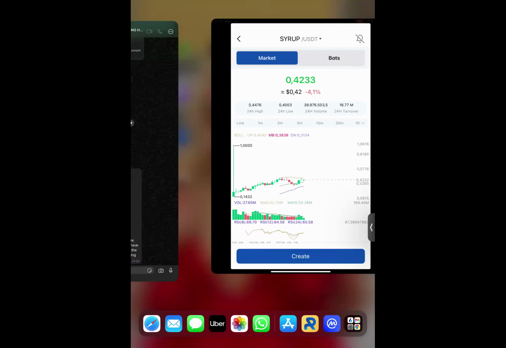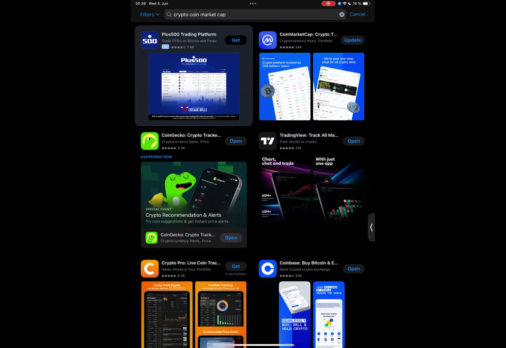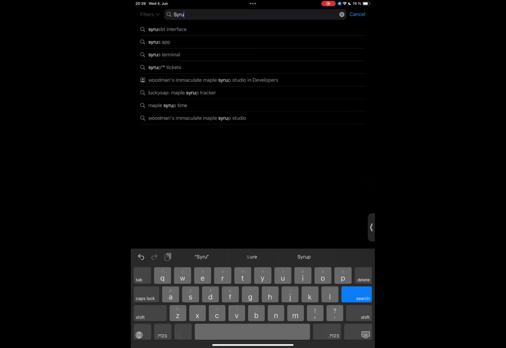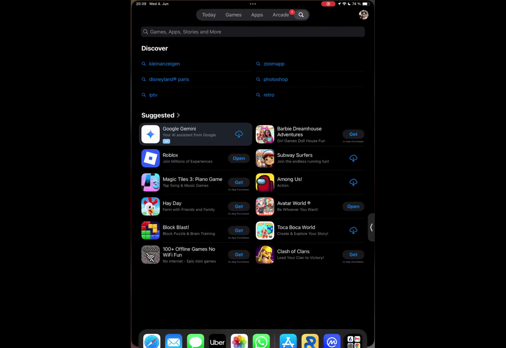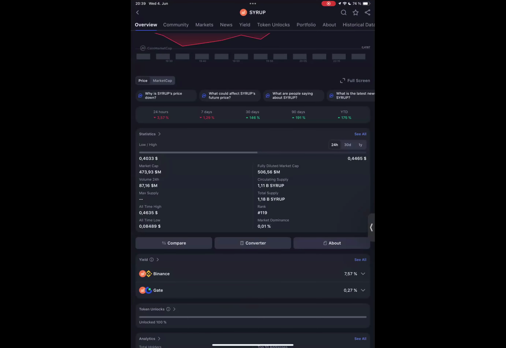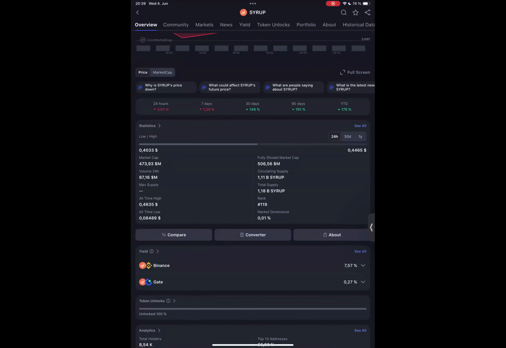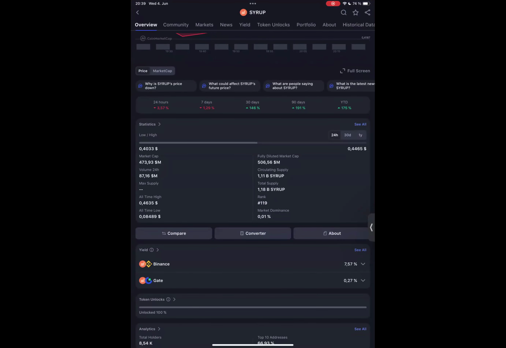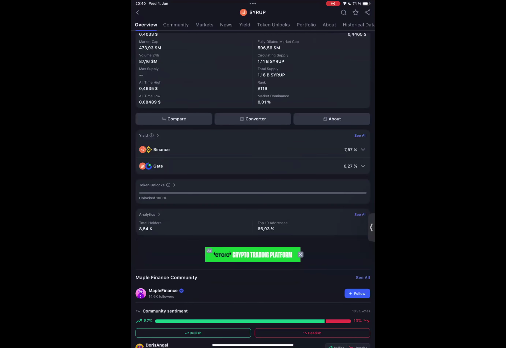Let me read more about it. It was launched not long ago because I see that a lot of exchanges have listed it. Sorry, Coin Market Cap. So all time high was 0.46. All time low was 0.08.